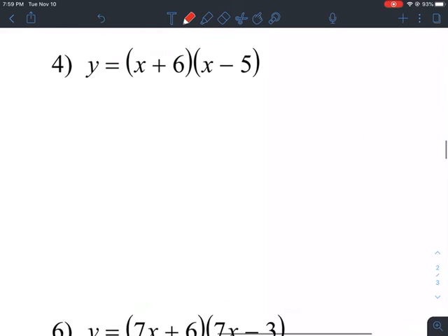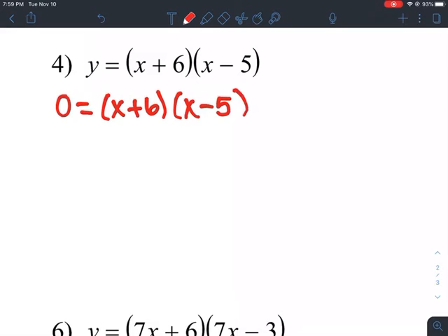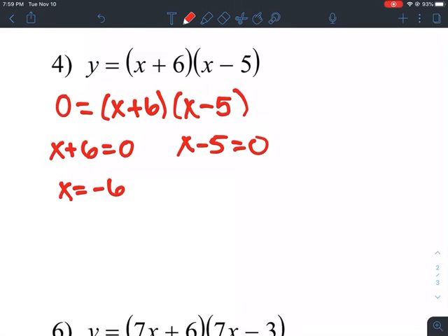So this one, same thing. I'll set y equal to 0, or plug in 0 for y, I guess, which means that each factor can be 0. So I just flip the signs. X is -6 or x is 5.